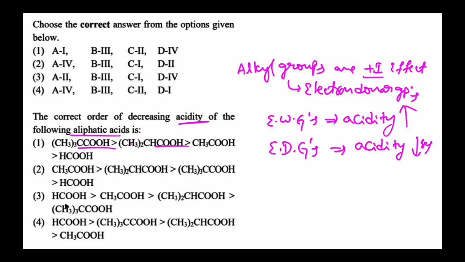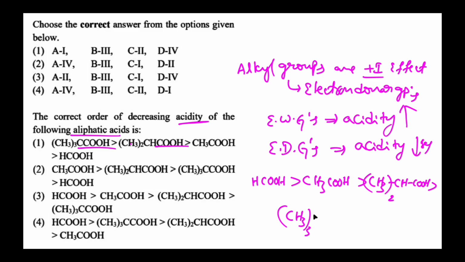So based on that, formic acid is the most acidic, followed by acetic acid, then isobutyric acid, then finally pyruvic acid, that is CH3 thrice C COOH.